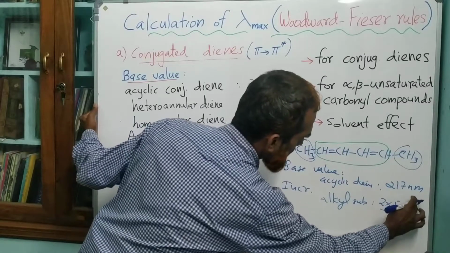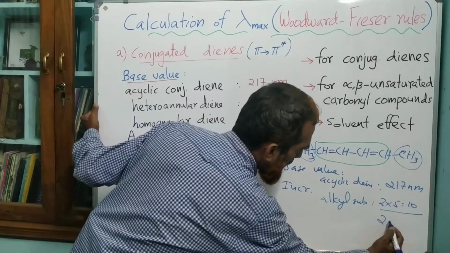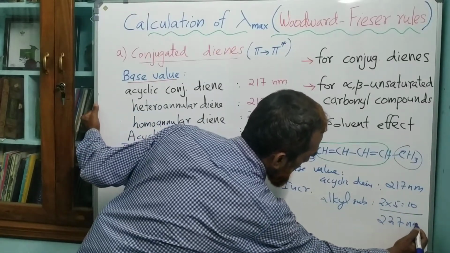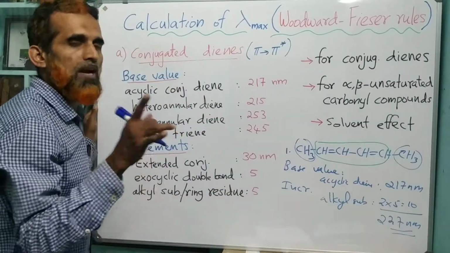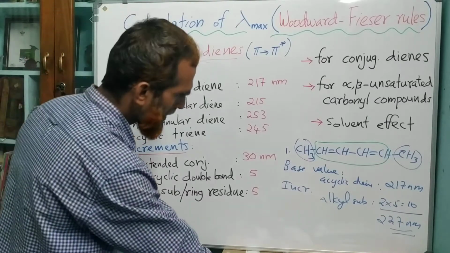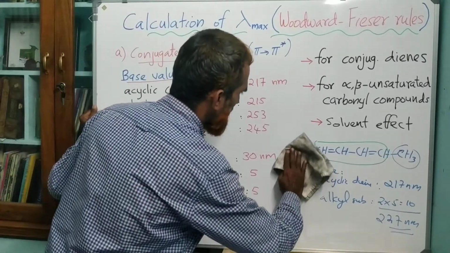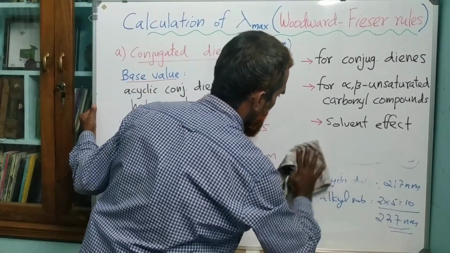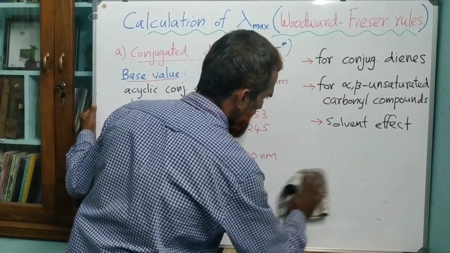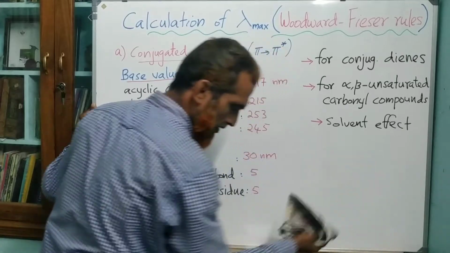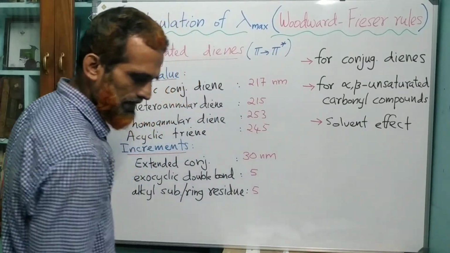Adding all these, what is the value coming? 227 nanometer. If we compare this calculated value with the experimental value, you can find close agreement. The next example. Let us take another one for practice. Now we take a ring system, a cyclic compound.